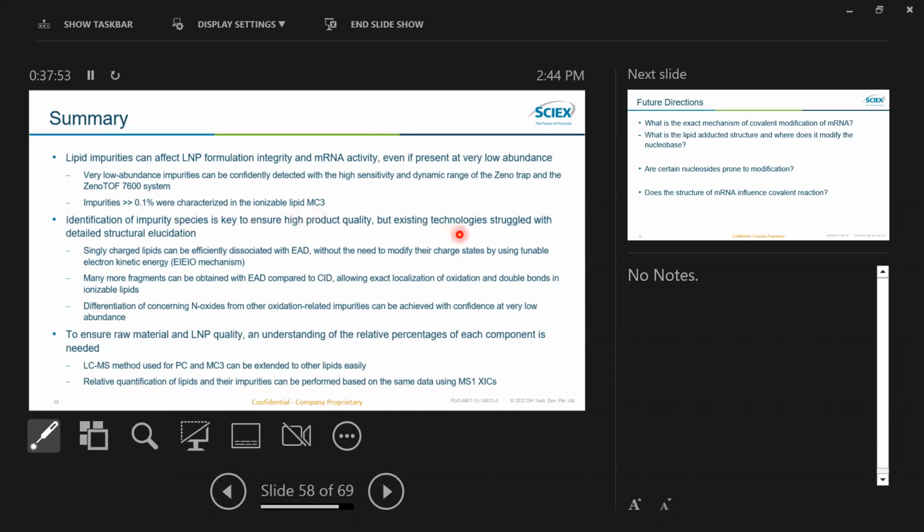But trying to measure things at low abundance and characterize them with a high degree of certainty is difficult with existing technologies, and this is the application where EAD helps. Finally, with quantitation, we can ensure raw material and LNP quality by understanding the relative percentages, components, and purity profiles.